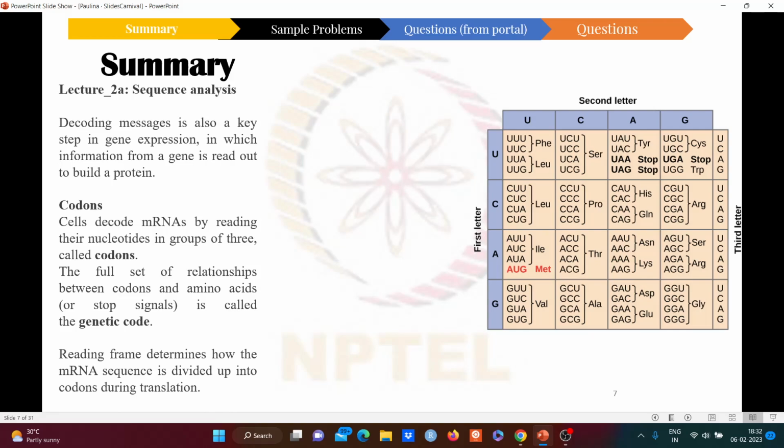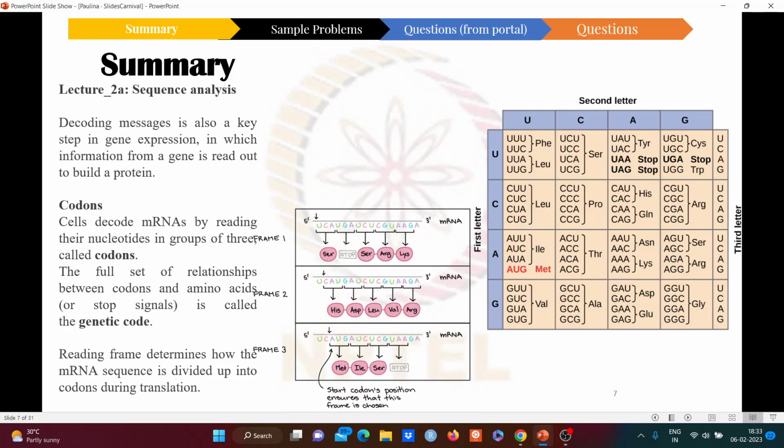To reliably get a protein from mRNA, we need one more concept, that of reading frame. Reading frame determines how an mRNA sequence is divided up into codons during translation. This is a pretty abstract concept, so let's look at an example and understand it.